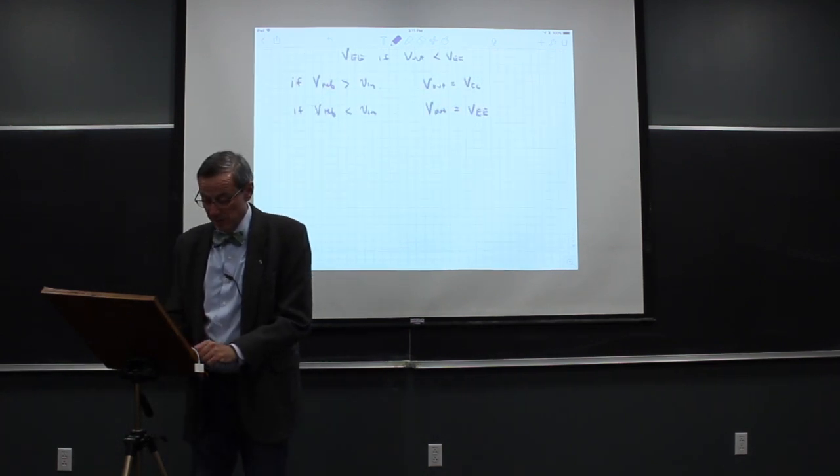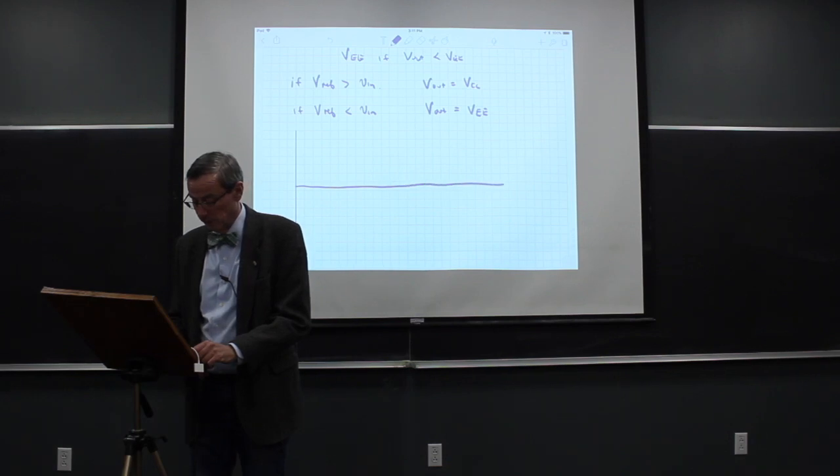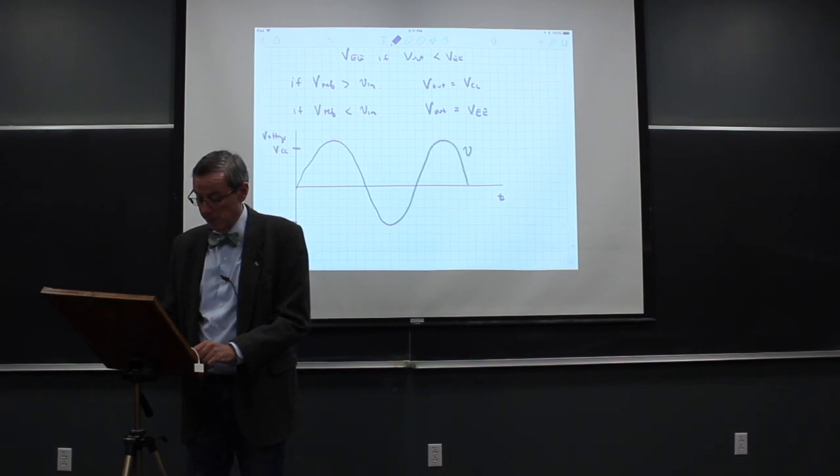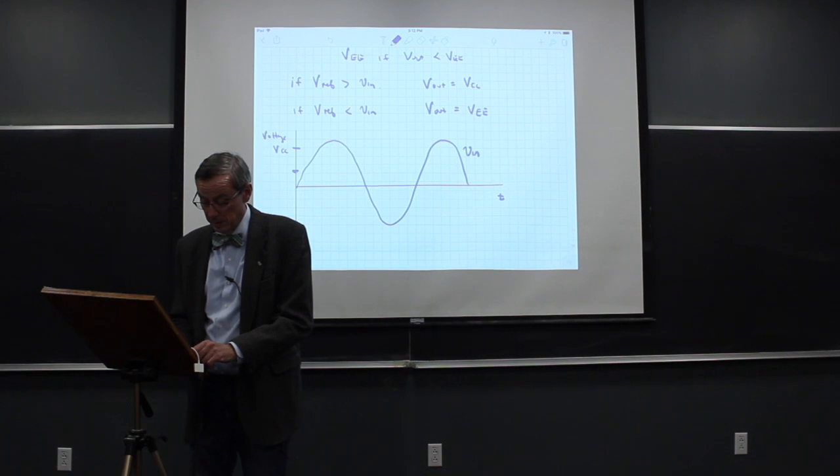So what does this do? Let's assume we have an input signal, some function of time, voltage, there's VCC, there's VEE, and maybe we have a Vn, and let's put a reference voltage here.